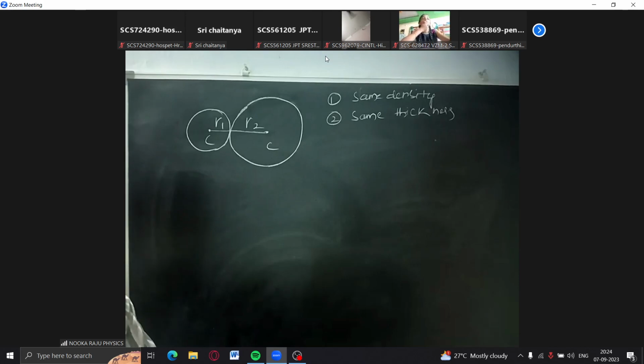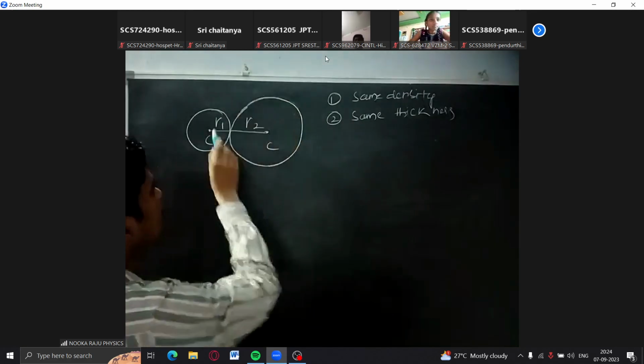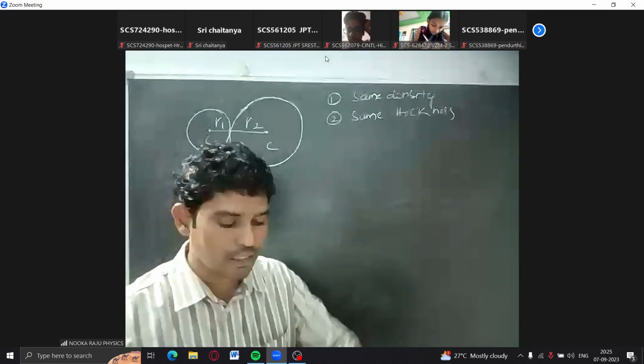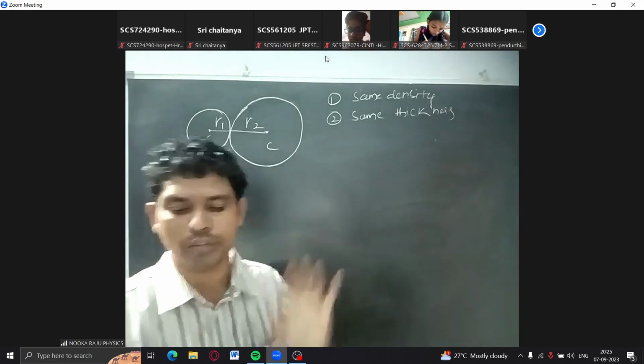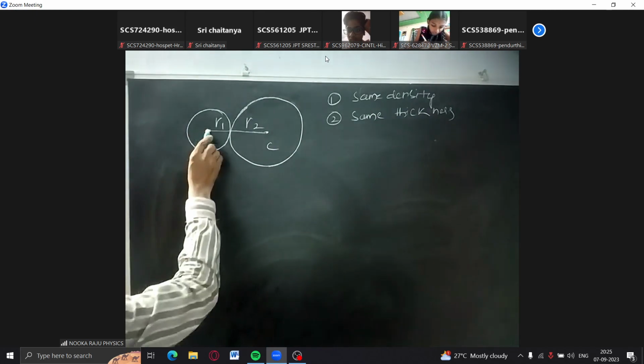Center of mass of this system. Here there are just two different bodies: one is a small disk and the other is a large disk. This is R1, this is R2.